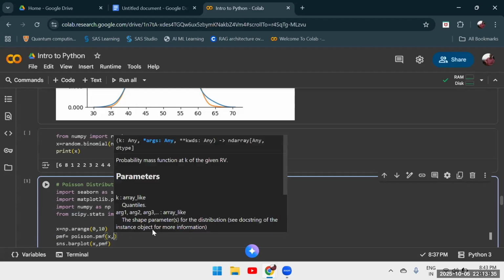Is this the only function, or do we have multiple functions we can utilize for the Poisson distribution? Yes, Python has this kind of function for binomial and normal distribution as well. For Poisson, we generally use the probability mass function.